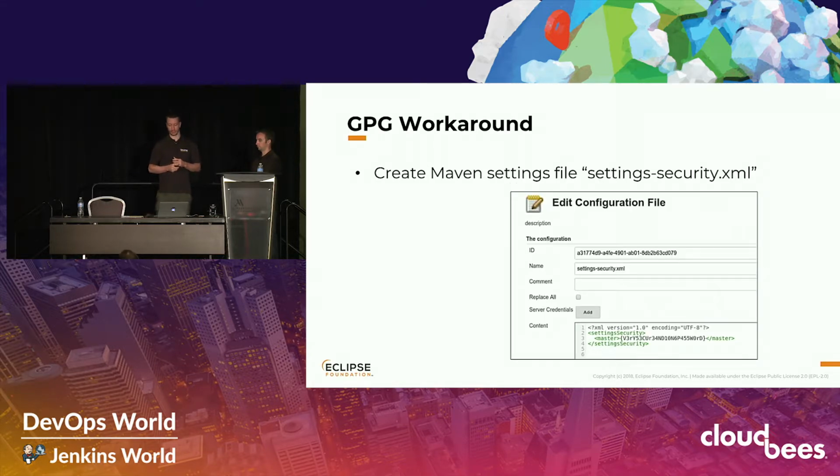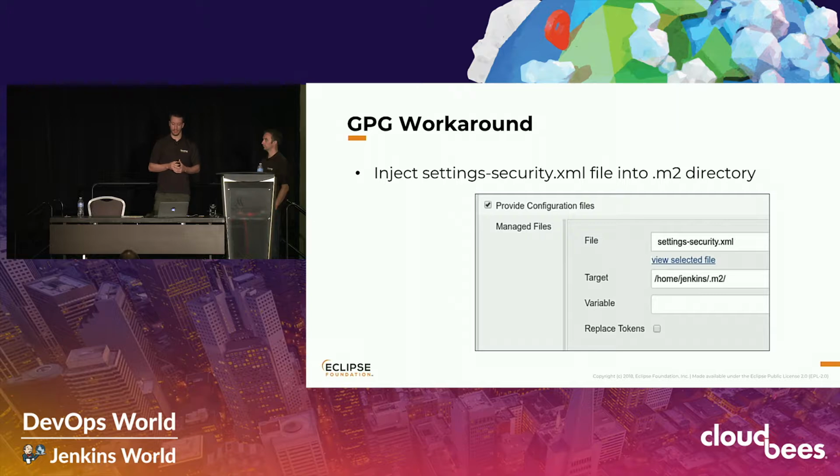The workaround, it took quite a while for me to find out, is this: I mentioned that there's no straightforward way of providing the settings security file in the config file provider plugin. Actually, you can still do it. You just use a Maven settings file, call it settings-security.xml, define the master password, encrypt it, and then inject this settings file into the .m2 directory.